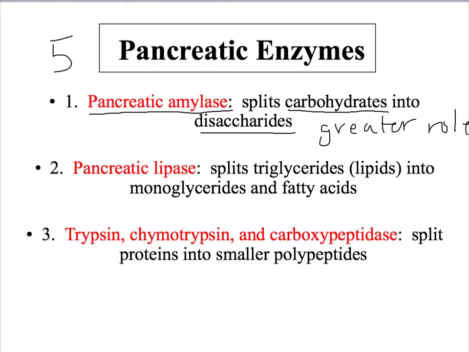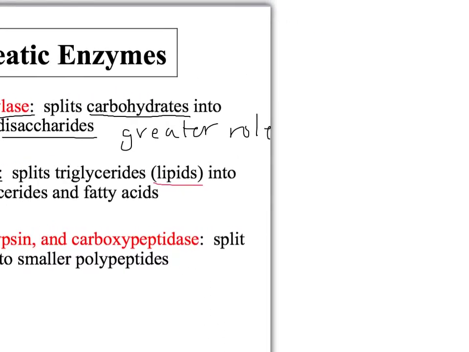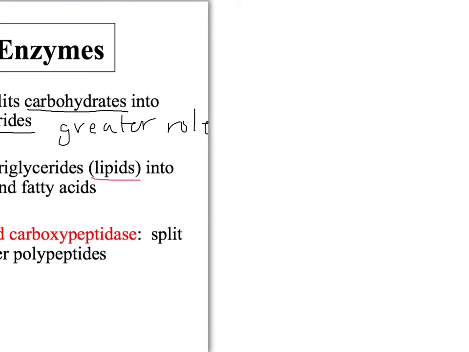The second enzyme that's made by the pancreas that's very important is pancreatic lipase. And pancreatic lipase is involved in splitting lipids into smaller subunits. And the pancreatic lipase is actually the most important enzyme that you have in your digestive system for digestion of fat.